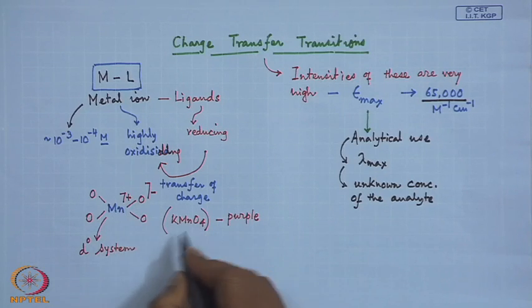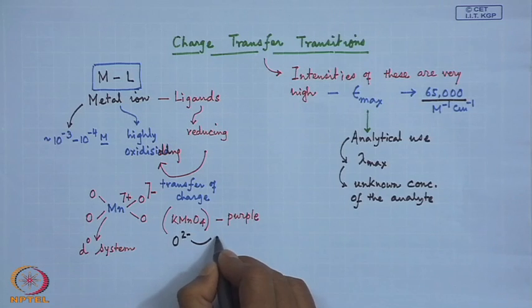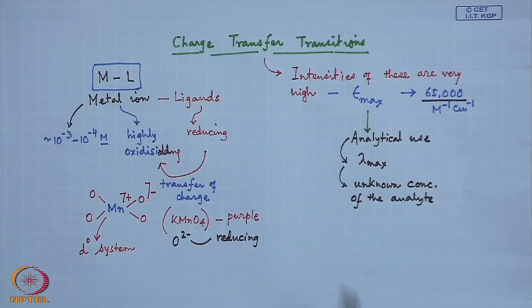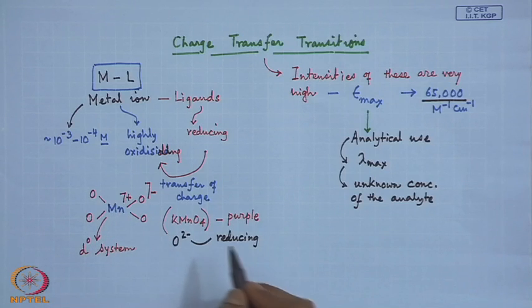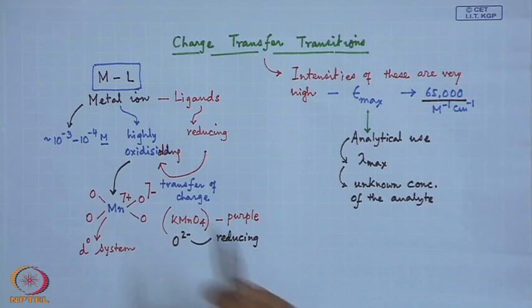These oxygen atoms are all behaving as O2 minus, which is reducing in nature, and this manganese center, which is in the heptavalent state, 7 plus oxidation state, will therefore be highly oxidizing.